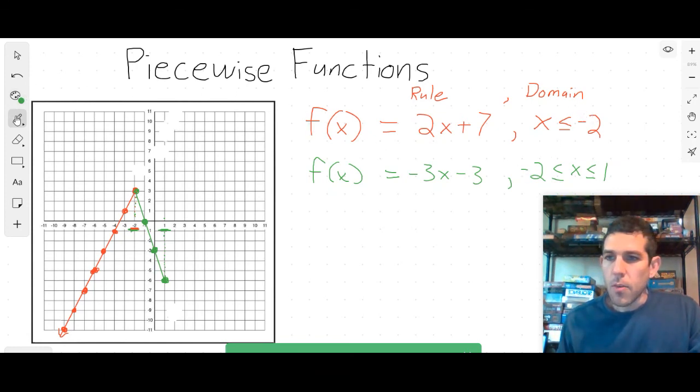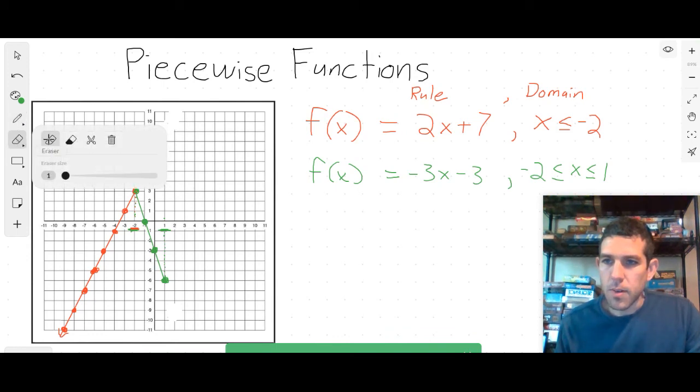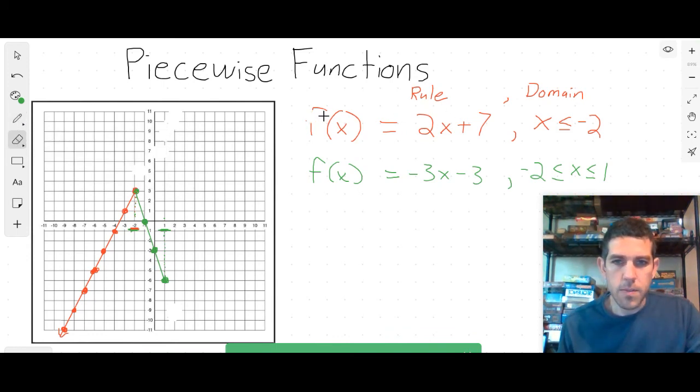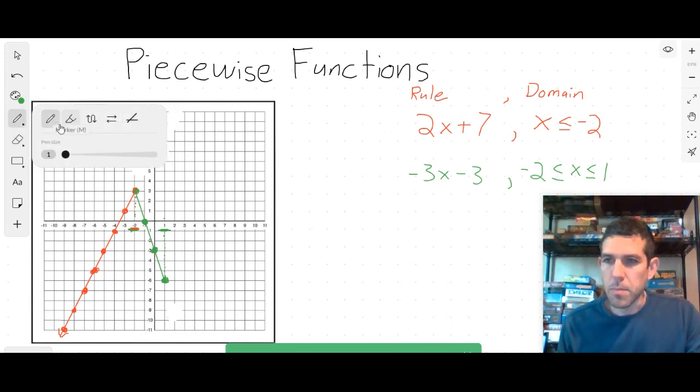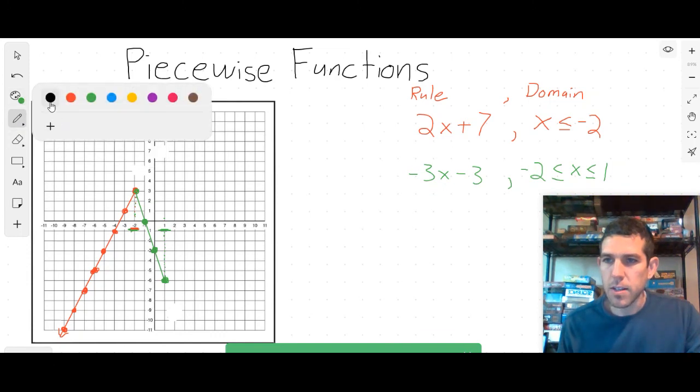Now, the way they write this function, f of x won't show up more than once. They only write f of x one time, so let's get rid of that. The way they show that this is all one function, not multiple functions, is they put in brackets. Let's change our color.